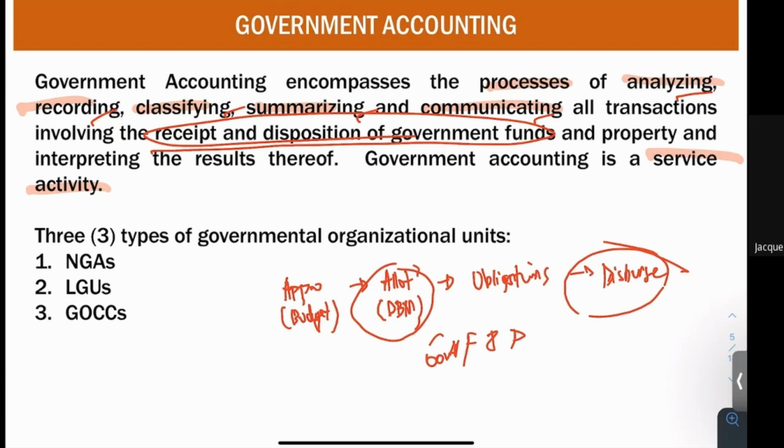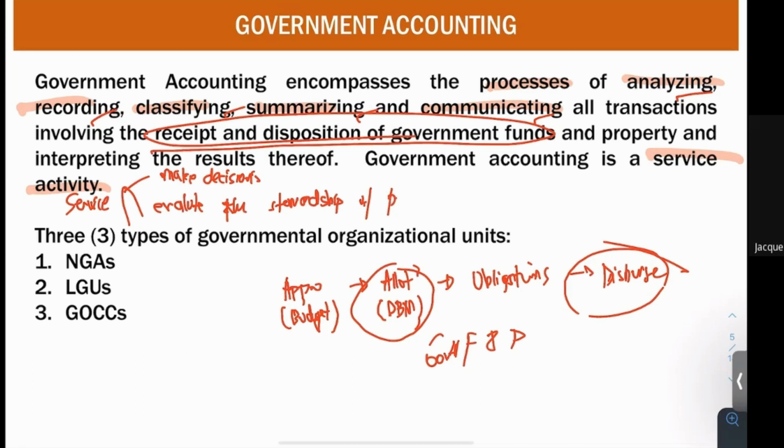Because of course, the quantitative information, which is the receipt and disposition of your government funds and property, will be used to make decisions, and evaluate the stewardship of the person responsible over the fund and property.